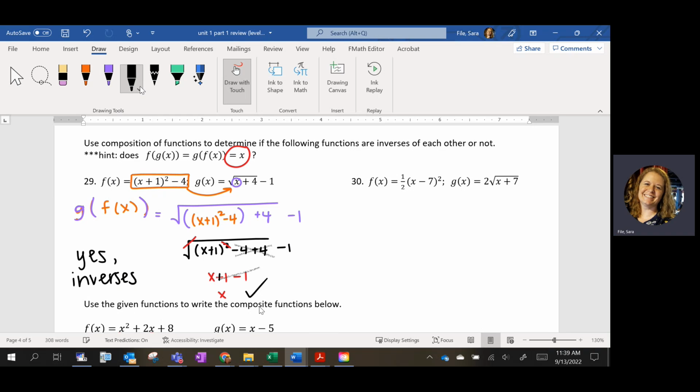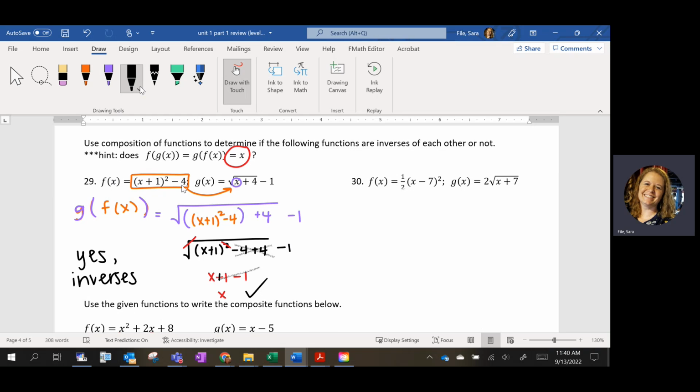Your other option, just like I said when I was going over the quiz, if composition is hard for you, you could just pick one of these and find the inverse algebraically. Switch the x and y, find the inverse, and see if it matches the other equation. That's another way to find out yes or no they're inverses.